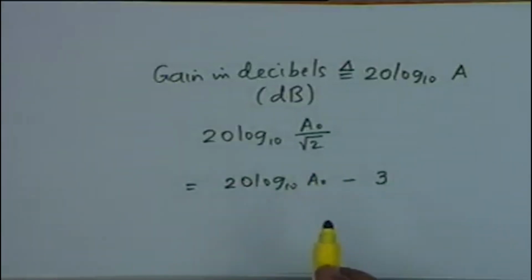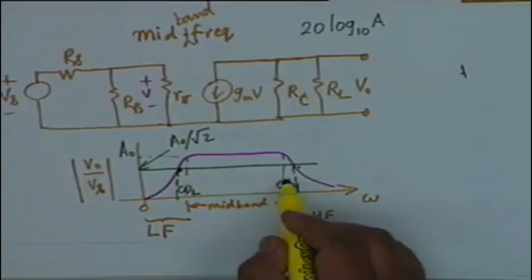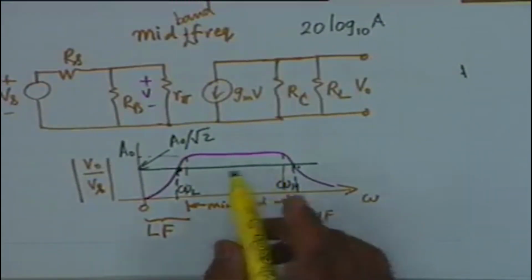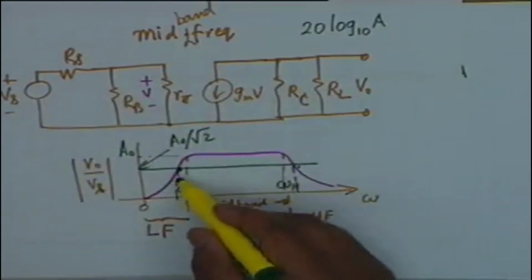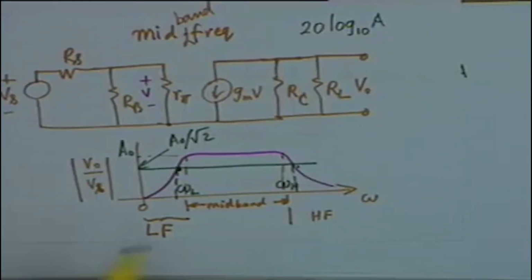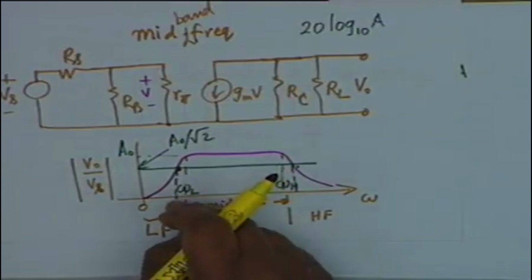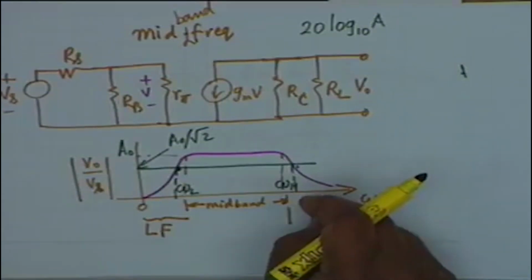And therefore these are frequencies, omega L and omega H. These are frequencies at which the gain is reduced by 3 decibels, and these omega L and omega H therefore have got another name. One of the names is low frequency cutoff, high frequency cutoff, or they are also called 3 dB points.